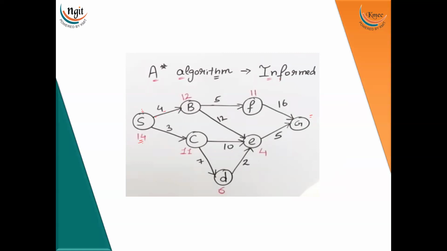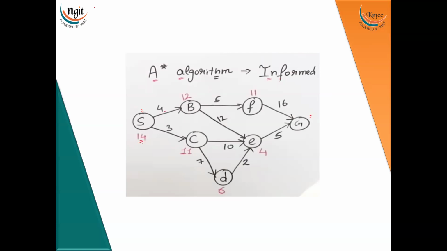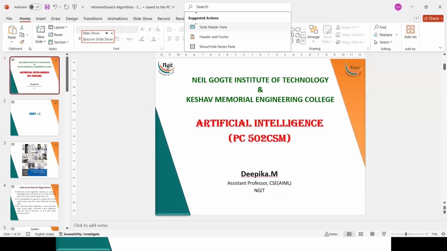We already know how the algorithm works, so directly we will find the solution of this graph using the A-star algorithm. The very first is the start state. First, let us find the fitness, we know that f of n equals g of n plus h of n.